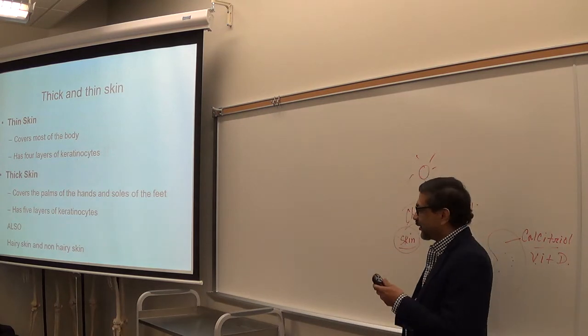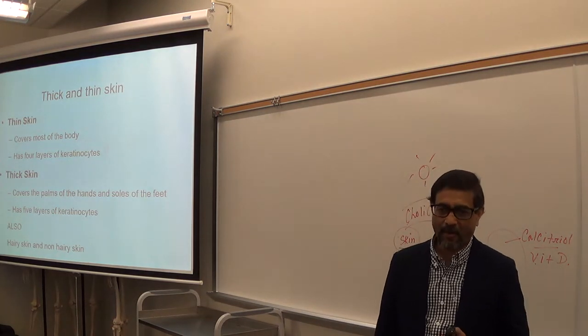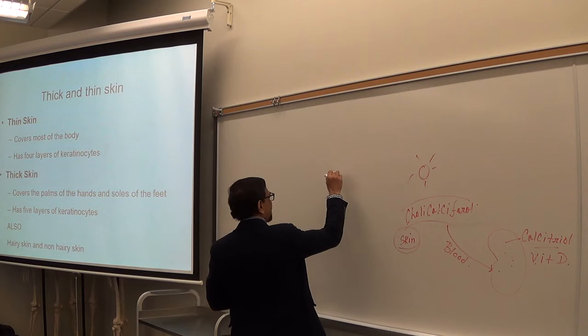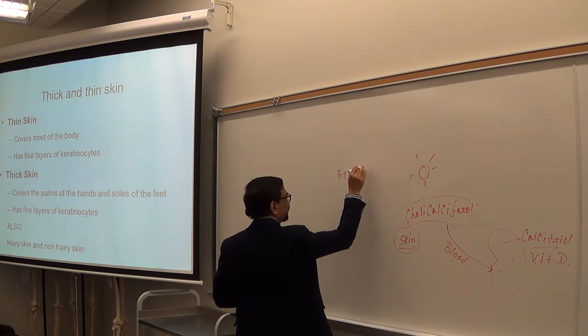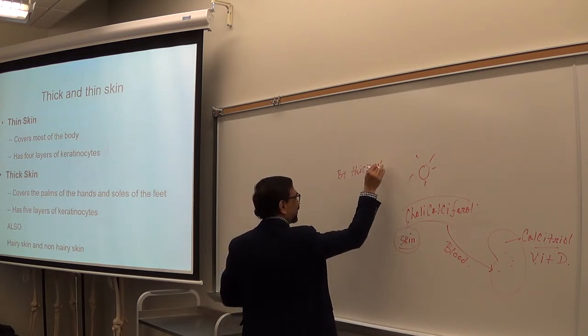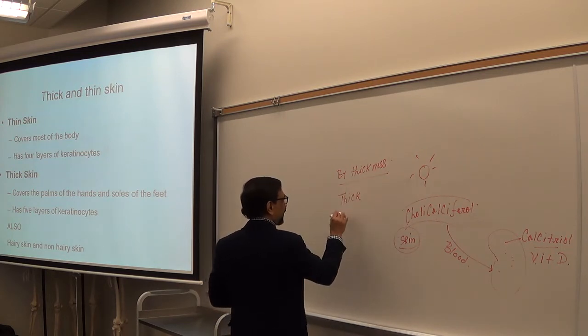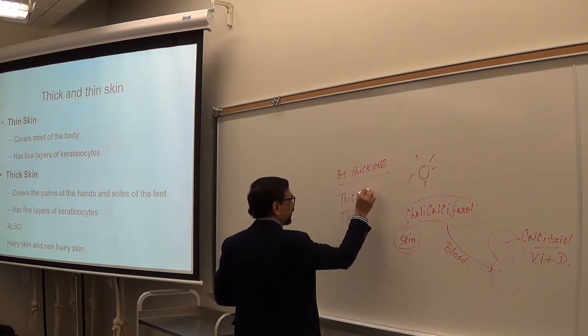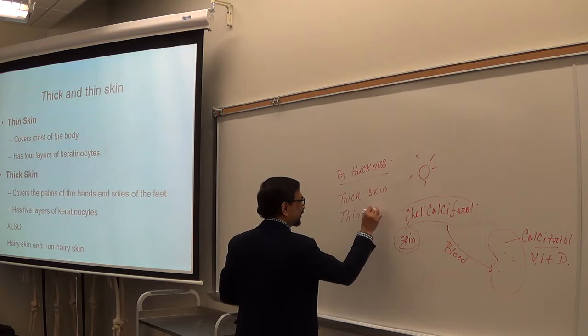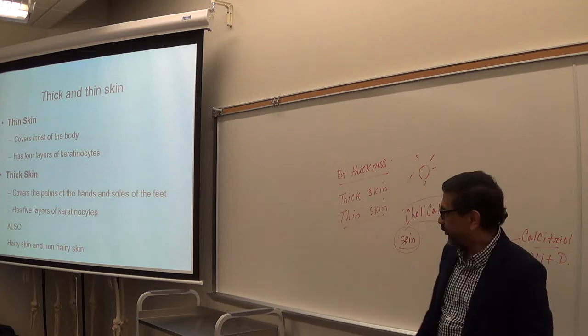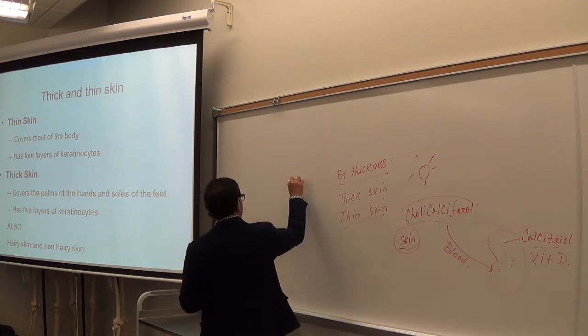Now we'll see the types of skin. We can divide the skin in two ways. One is by thickness. By thickness, we divide the skin into thick skin and thin skin. Okay? Thick and thin skin. Another way we divide by looking at the presence or absence of hair.